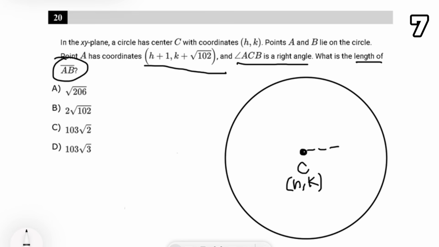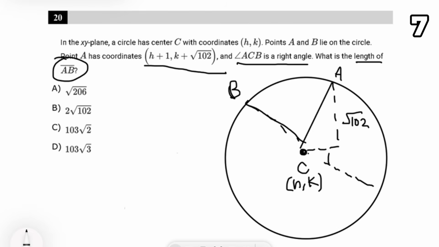From our center, we go 1 to the right and up root 102, and we get our point A. Now point B could be in two places. It could be down to our right, which makes a right angle, or it could be up to our left, which makes a right angle. But I'm just going to use the left one for this example.